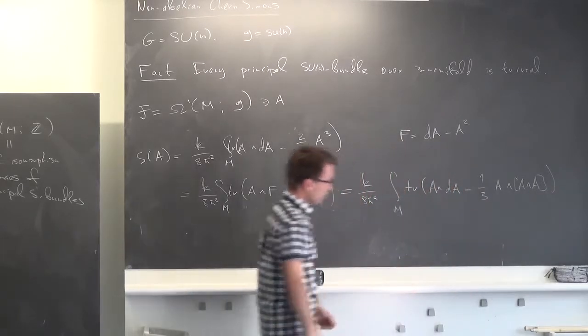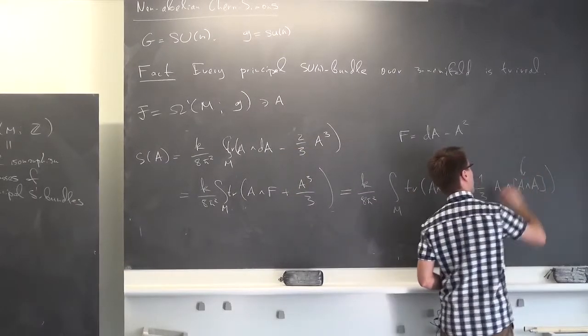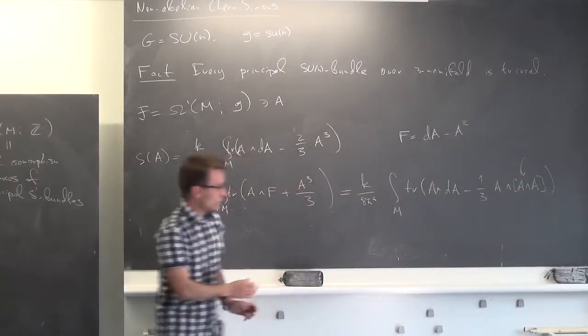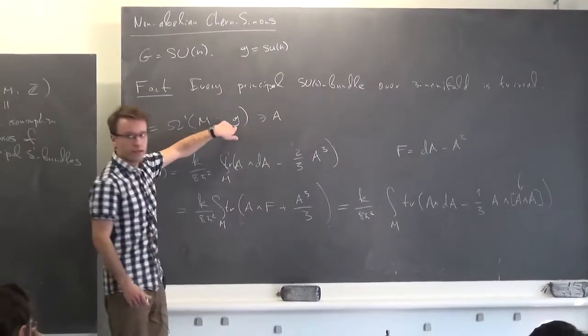So what did I write here? Okay, A is a 1-form on M valued in the Lie algebra.